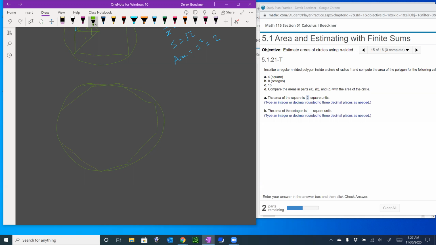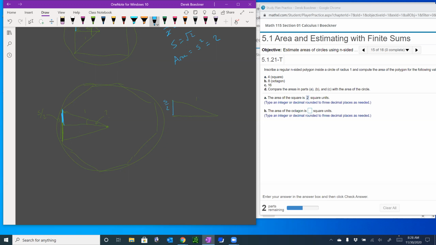Terrible sketch, but we're going to focus on the left again. So I get a picture, a triangle like this, where this is 1 as the hypotenuse again.